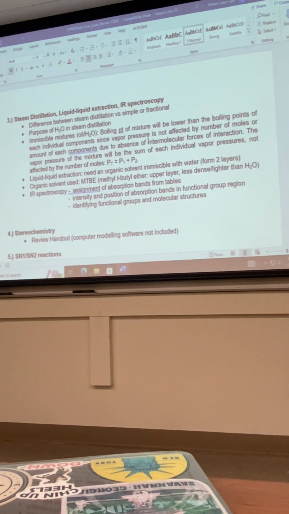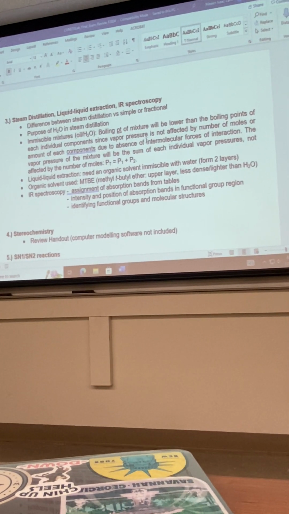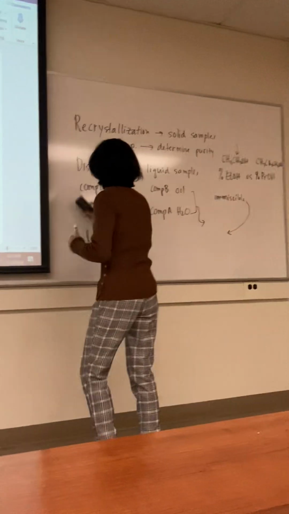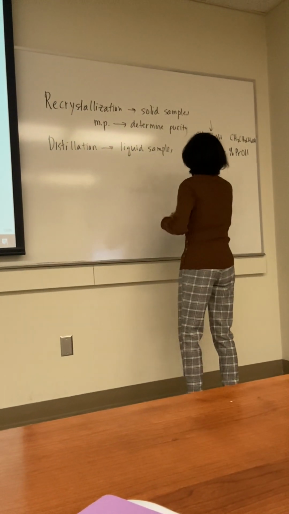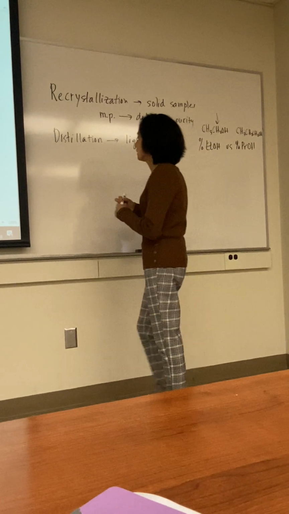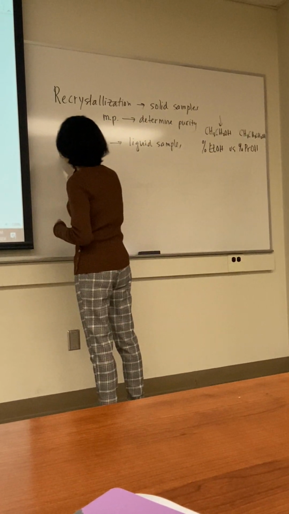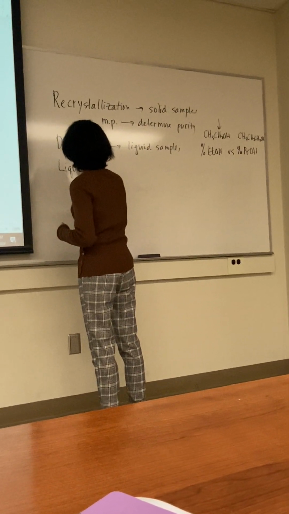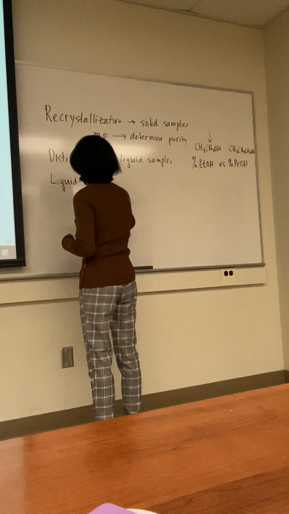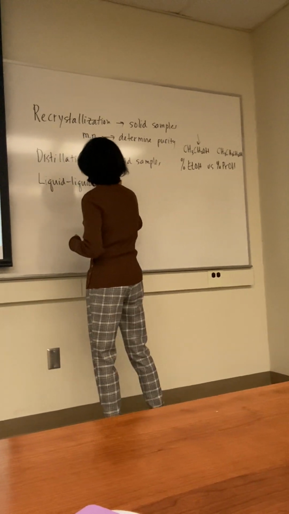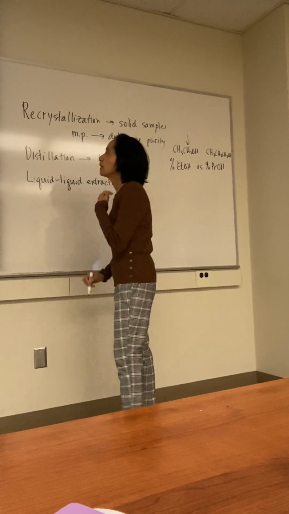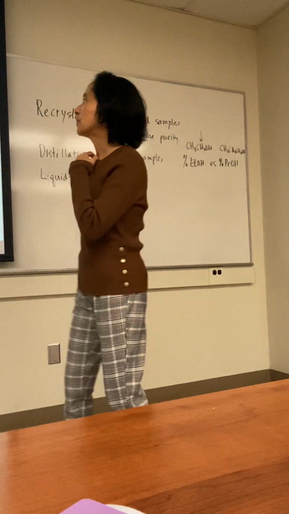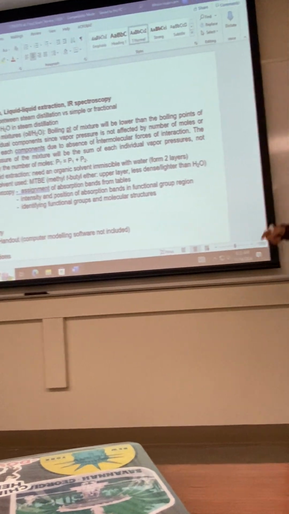And then we also did liquid-liquid extraction, so that's another technique. So we can erase this one. Okay. So the other technique we did was liquid extraction. In this case, we use methyl tert-butyl ether, and that's lighter.